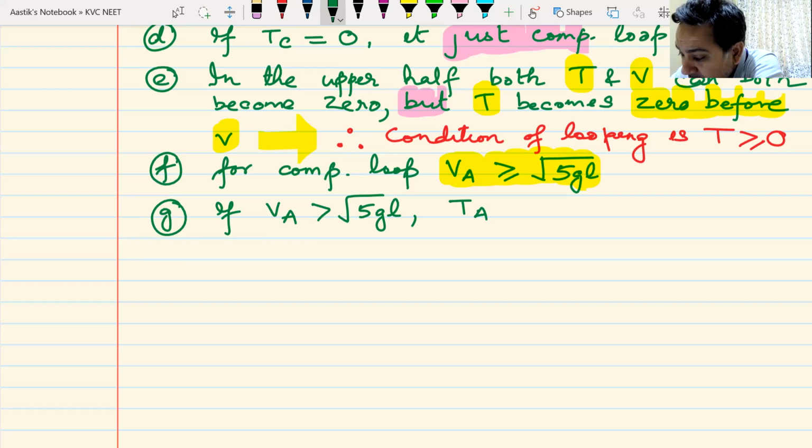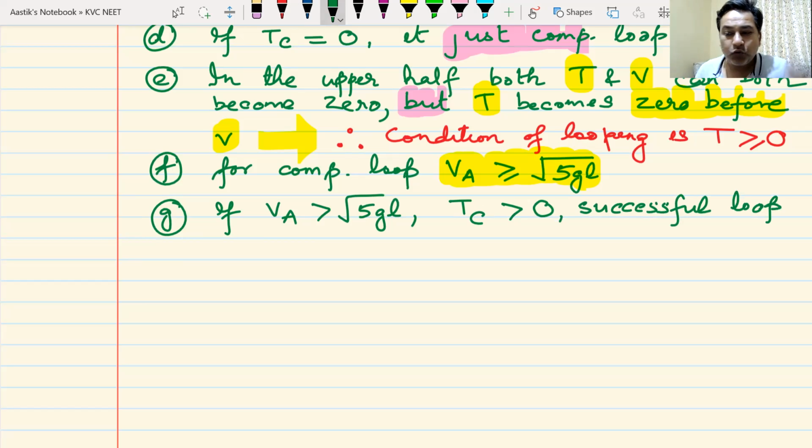The tension at the highest point C will be greater than 0. Successful completion of loop. It will complete the loop very easily.